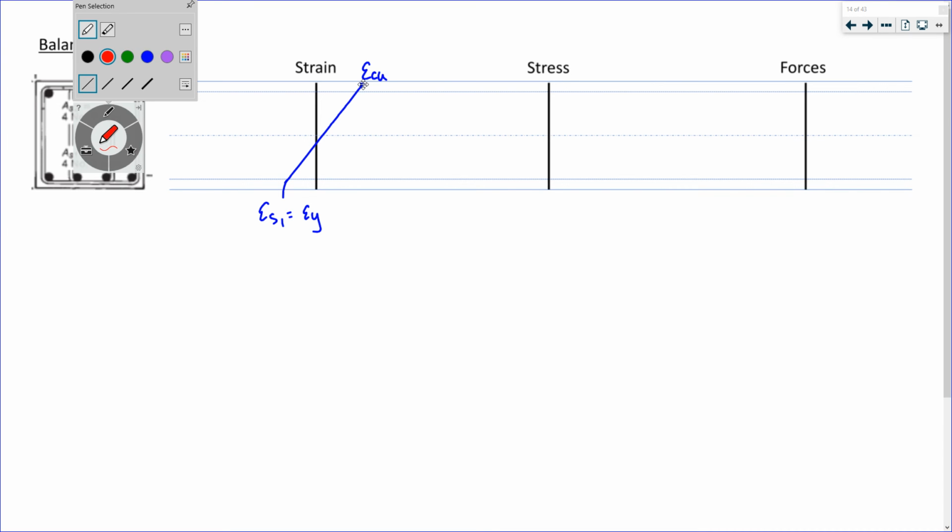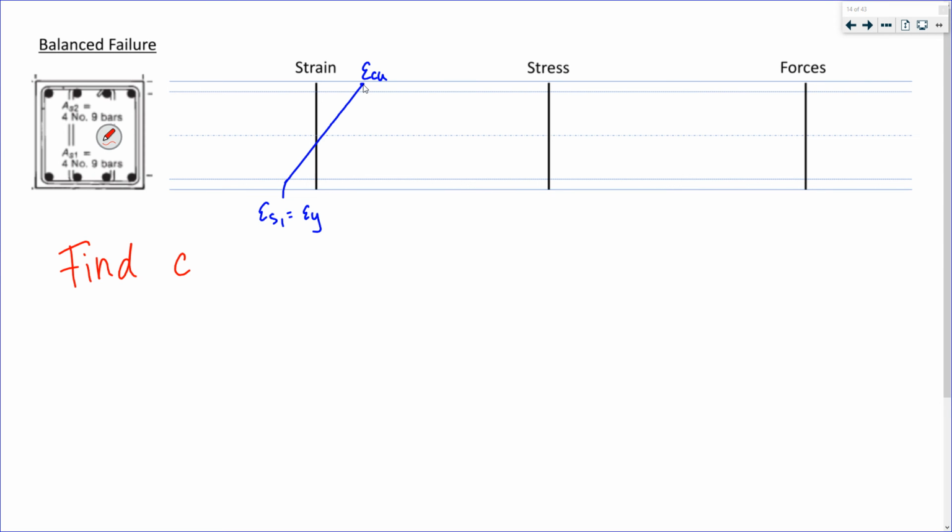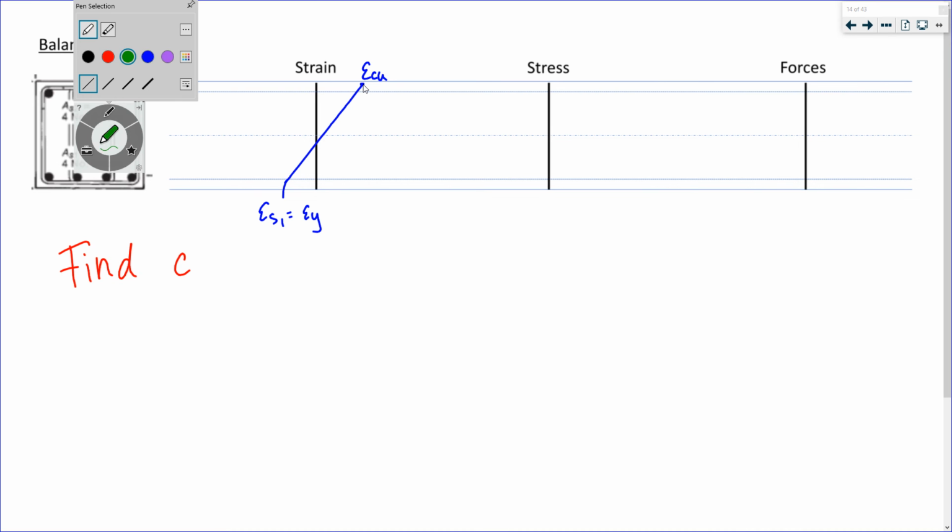So let's see. Find the c associated with this before. I didn't have to do this when I did my onset of cracking because my c was equal to my d. I just had to say, oh, it's the same, c equals d. So now I have to find it. All right, I'm going to use similar triangles here.